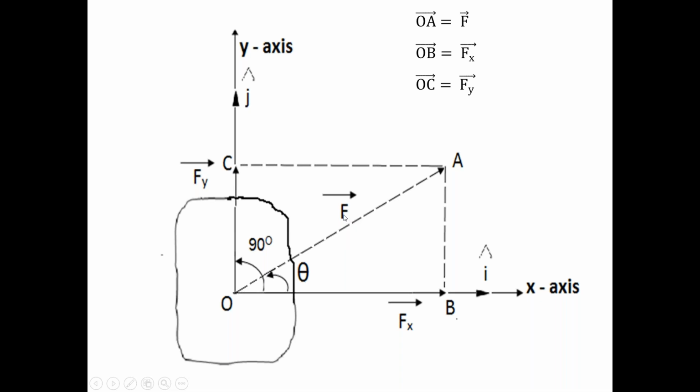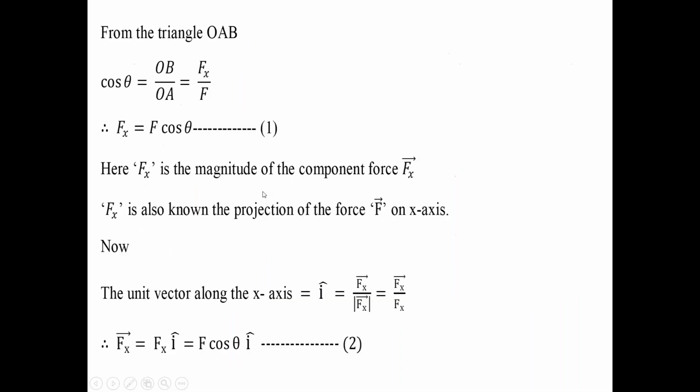Here this force F bar is making the angle theta with the x-axis. In that case, the projection of force F bar on the x-axis is Fx. Fx is equal to F cos theta. Last class, I explained this equation of projection of force F bar on the x-axis.